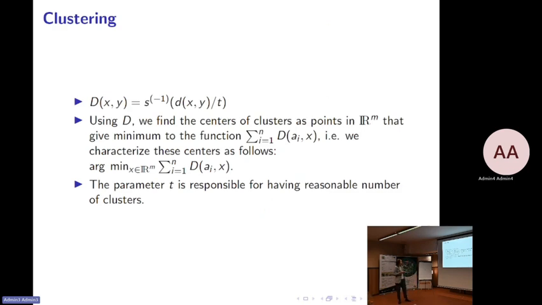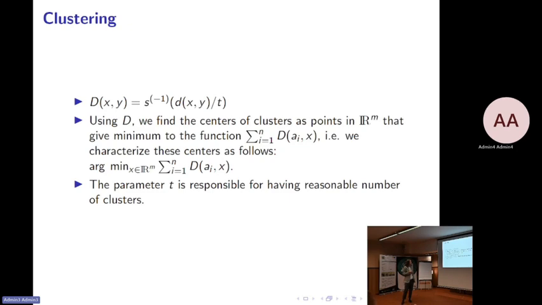So we use the dissimilarity function as we know before, but here we involve also the parameter t. And I will show later on how our objective function, which is here, is sensitive to this parameter t. So this parameter is really very important, and it's important to find it.